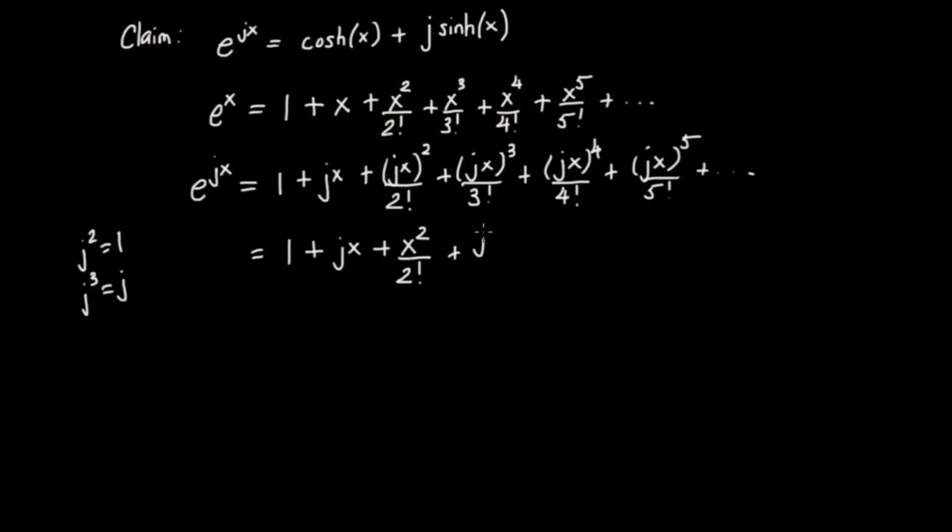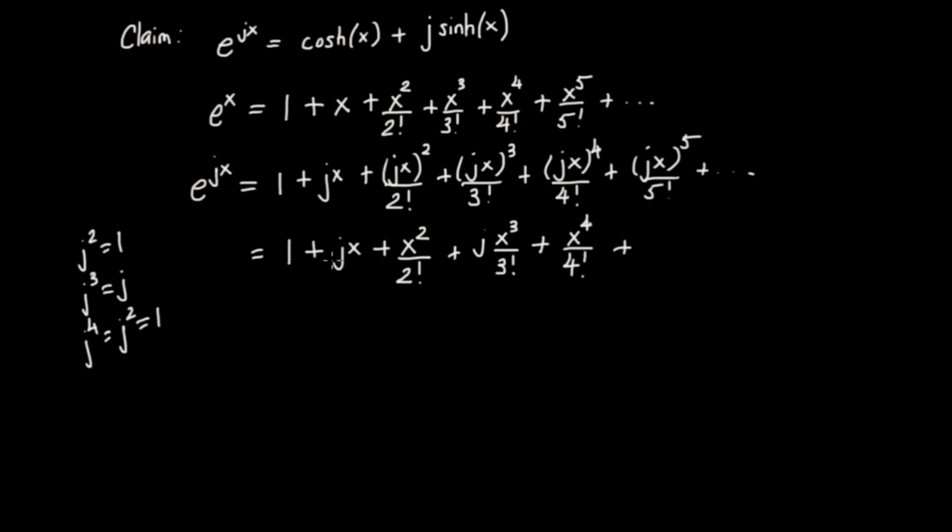So that means I can just write j times x cubed over 3 factorial. And now in this term, I'm going to have j to the fourth times x to the fourth. Going back over here, multiplying both sides by j once again, I get j to the fourth is equal to j squared. J squared is also equal to 1, so that means j to the fourth is equal to 1. So that means that this term can be written simply as x to the fourth over 4 factorial.